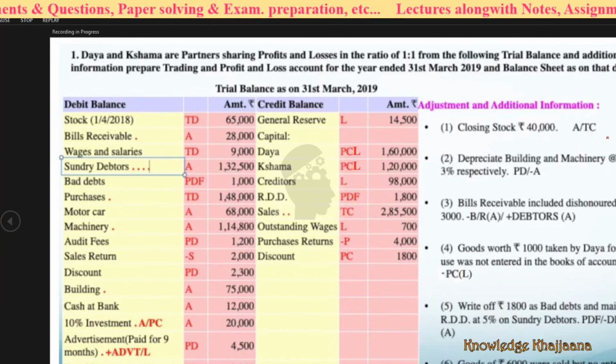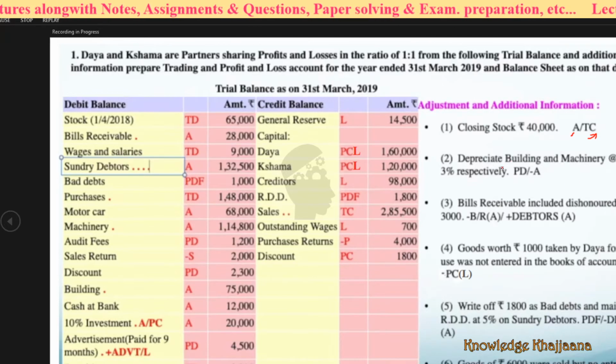We just have to write it right here. Closing stock has two entries. First it is an asset, and it will also go to the trading account credit side. We have to also mention it on the trading account credit side.